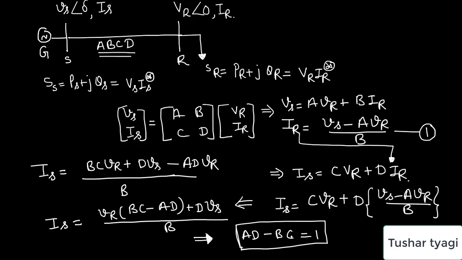So as you can see over here, BC minus AD I can put as minus 1. So I can write Is is equal to D upon B Vs, after putting BC minus AD as minus 1, minus VR upon B.